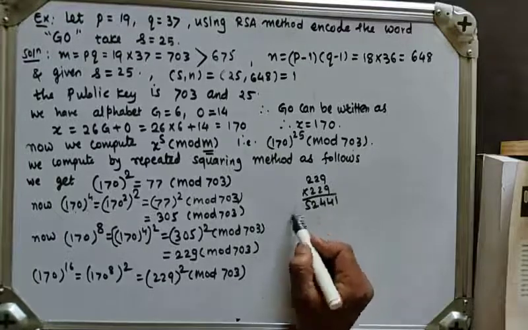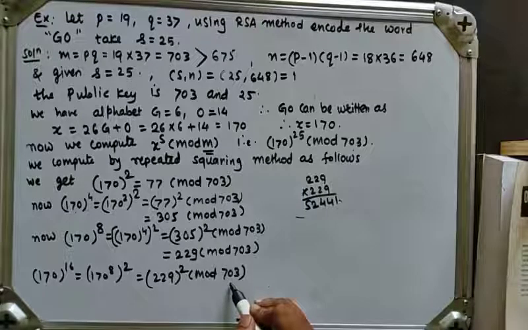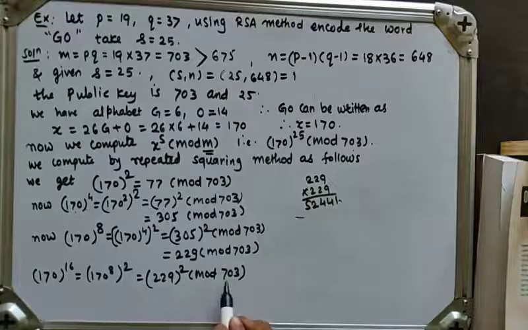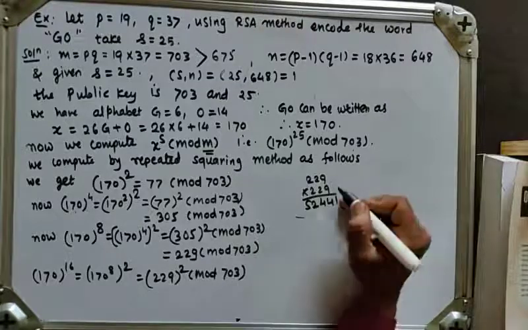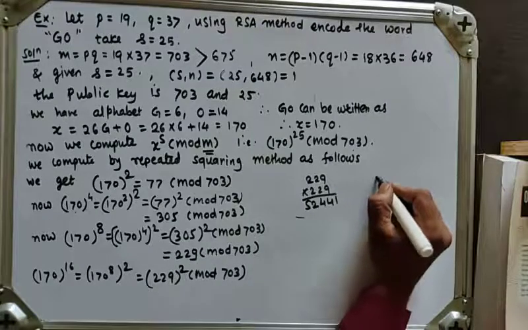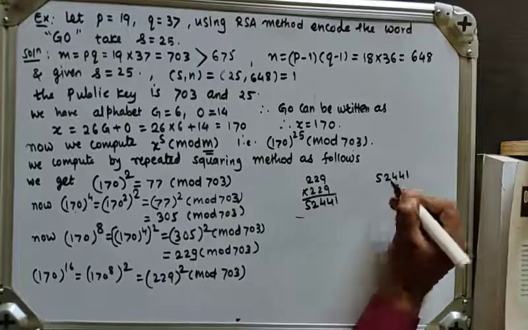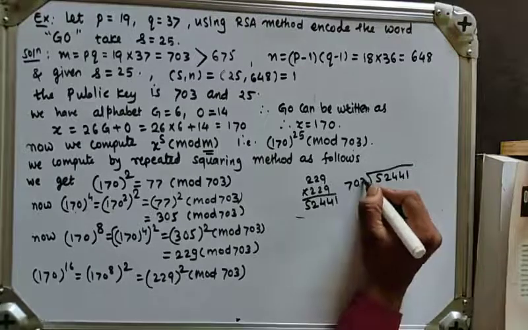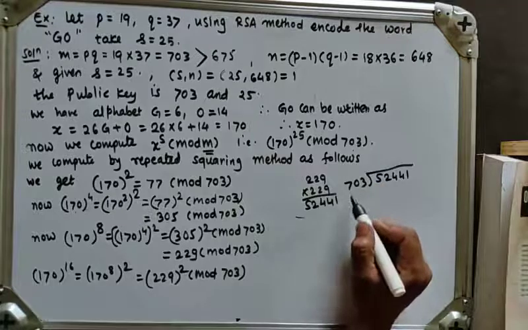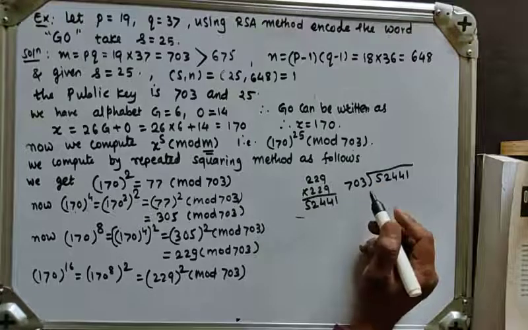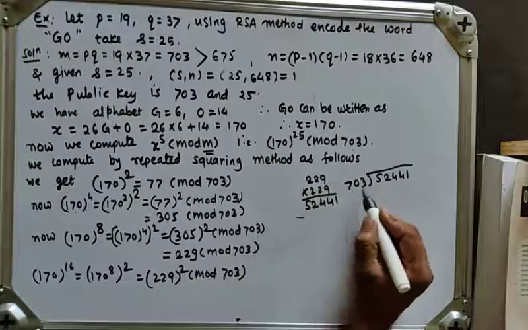We divide this number by 703, because we want the remainder which lies between 0 and 702.